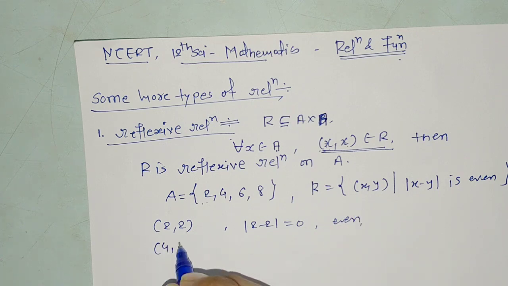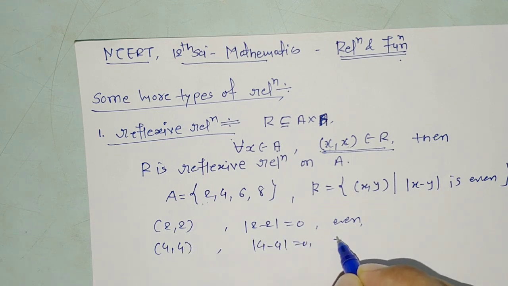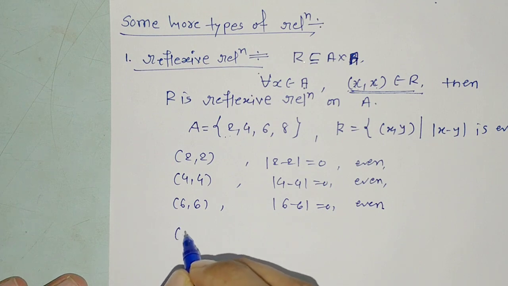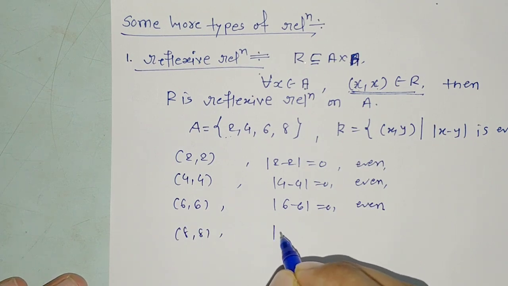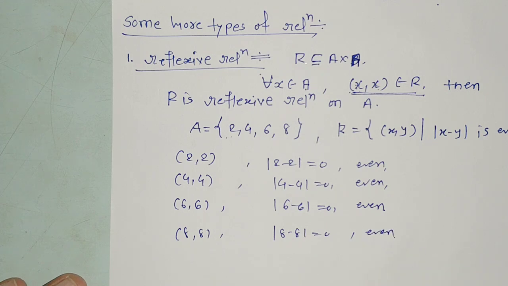Let's take (4, 4), again 4 minus 4 is 0, which is even, so it is also satisfying the relation. (6, 6), 6 minus 6 is 0, which is also even. Again the last element, modulus of 8 minus 8 is equal to 0, which is also even.